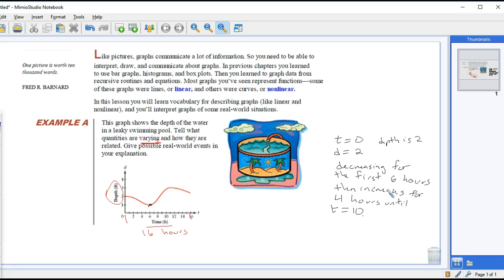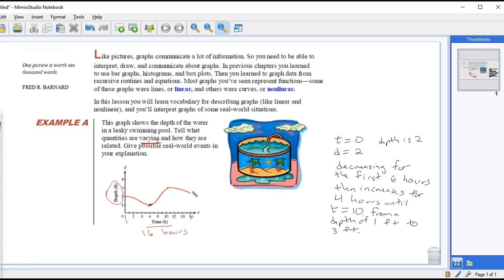So not only did the hours increase, but the depth increased too. We can say it increased for 4 hours, until t equals 10, from a depth of 1 foot to 3 feet. So not only do we have to talk about time, but also what the depth was.